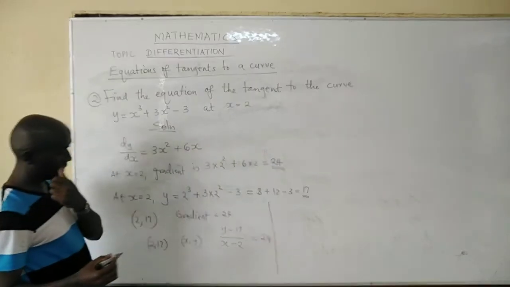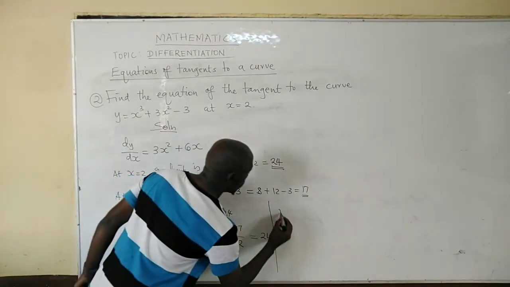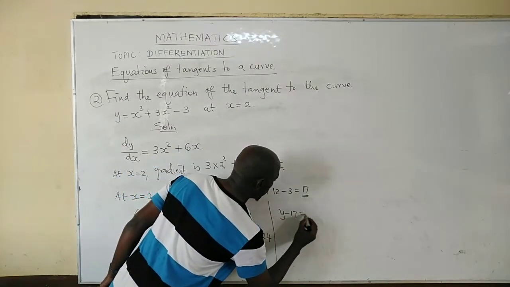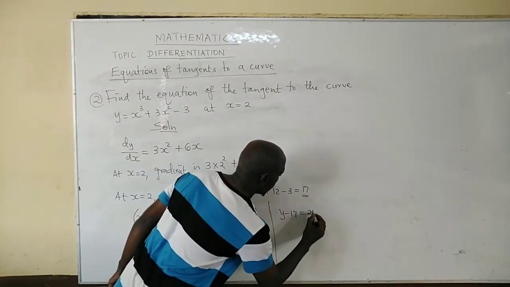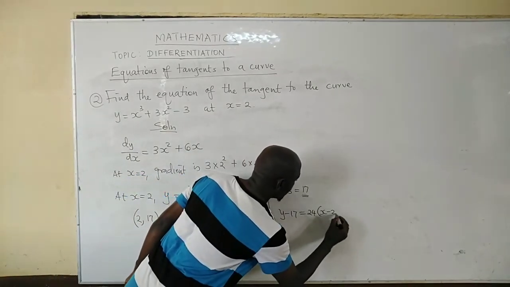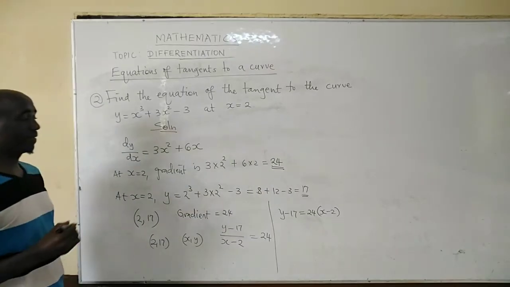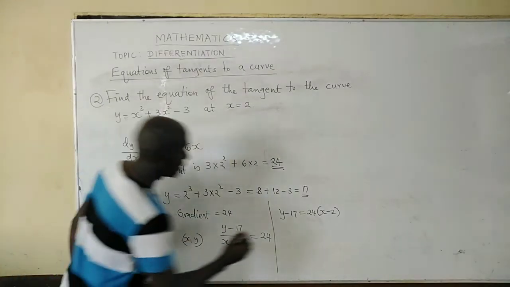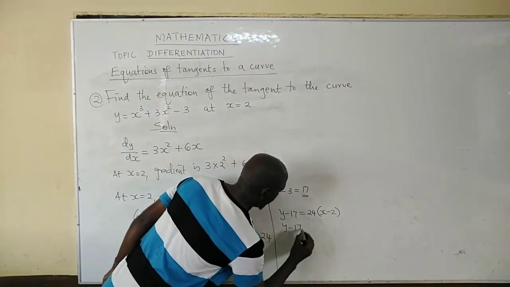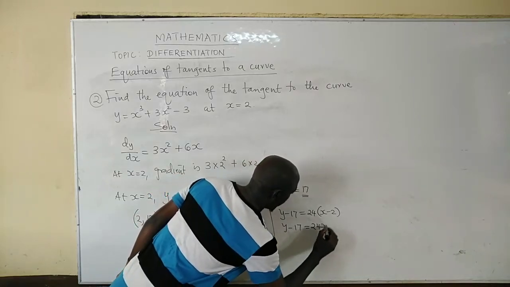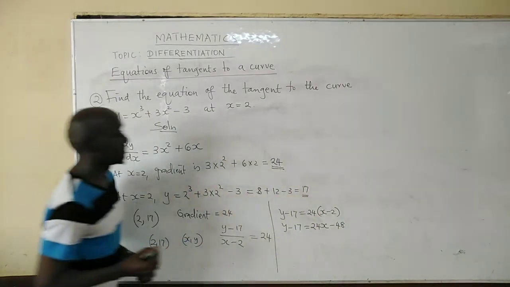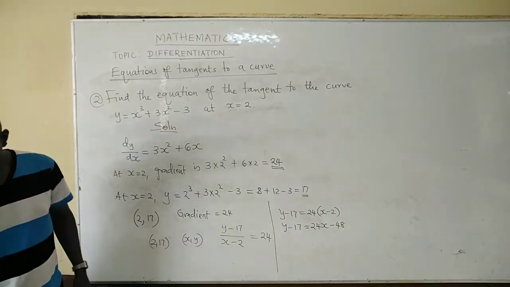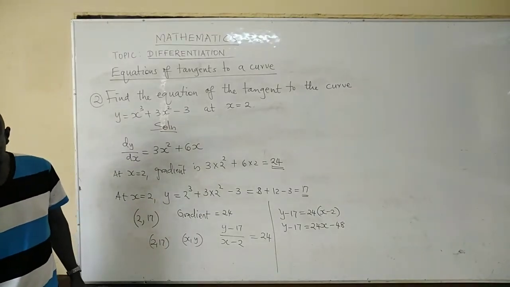And if you simplify that, you have y minus 17 equals, multiply both sides by x minus 2, we shall have 24 times x minus 2, which is y minus 17 equals 24x minus 48.